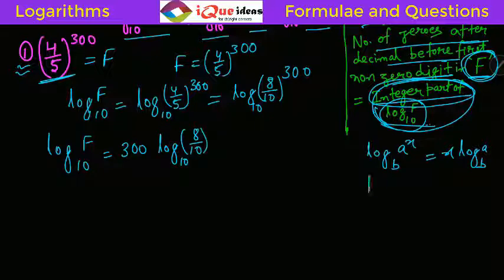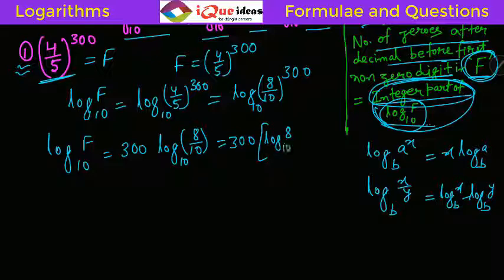And the other rule is log of x divided by y to the base b is equal to log x to the base b minus log y to the base b. So applying this, we can take this as 300 into (log 8 to the base 10 minus log 10 to the base 10).